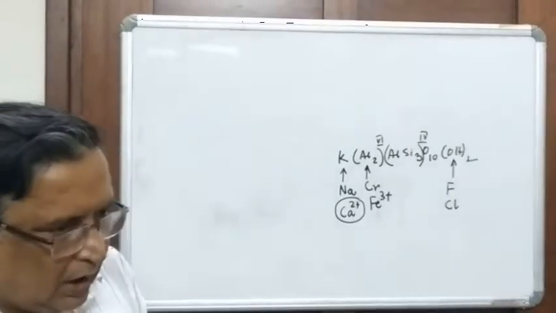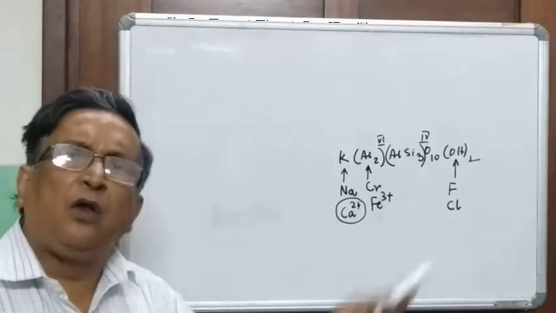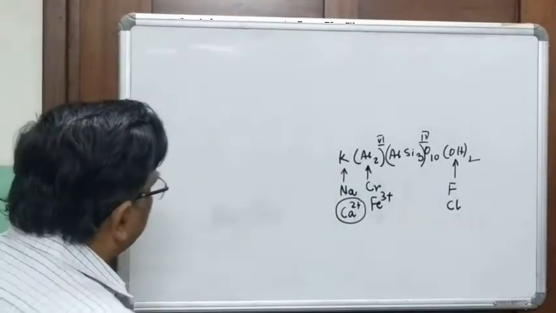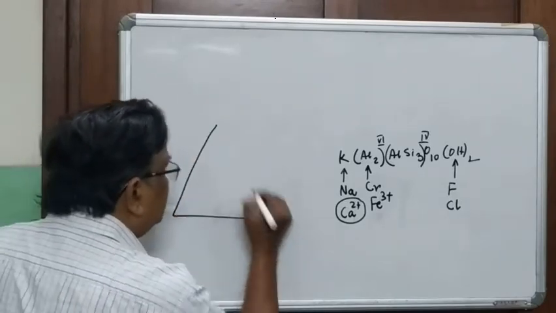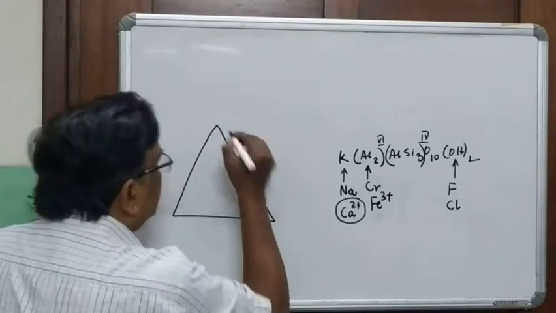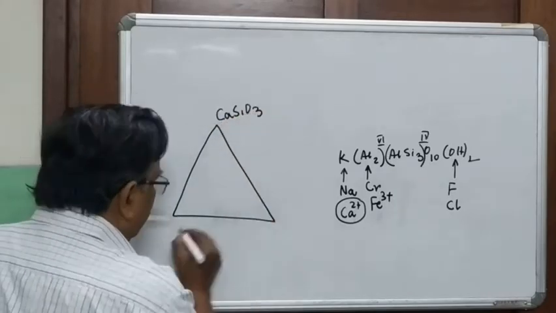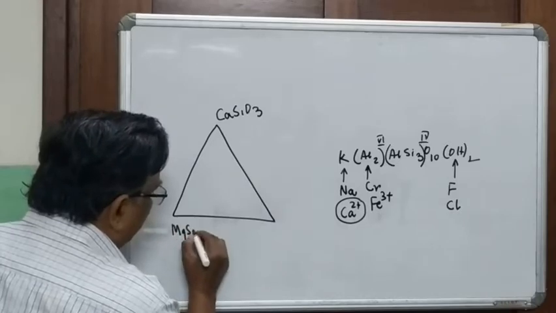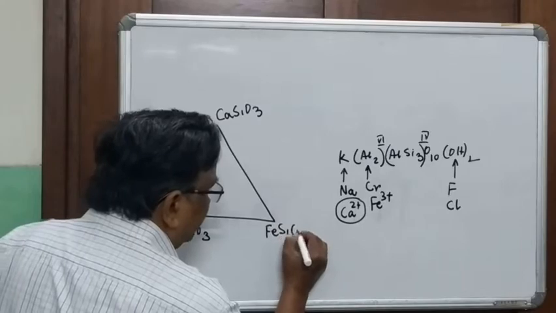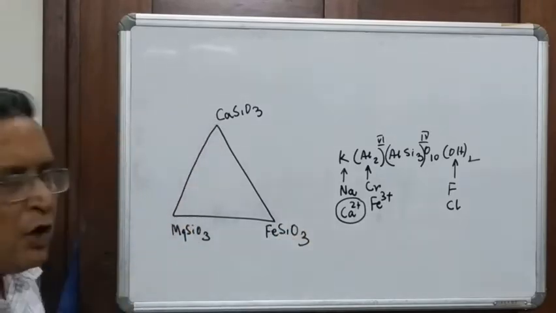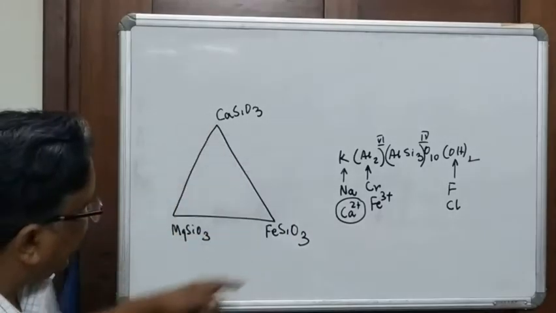Now, this type of example can be given for all minerals. Say, for example, I draw a triangle. Say this is CaSiO3, this is MgSiO3, and this is FeSiO3. This is called the pyroxene-pyroxenoid triangle.